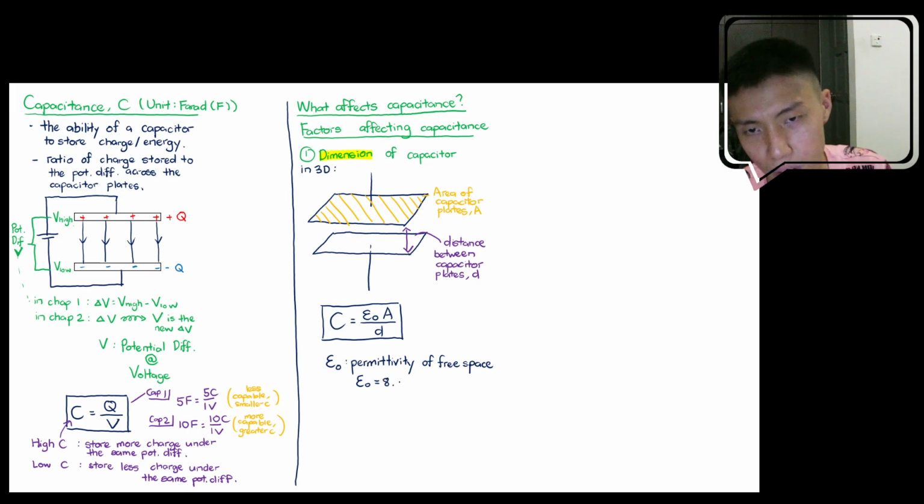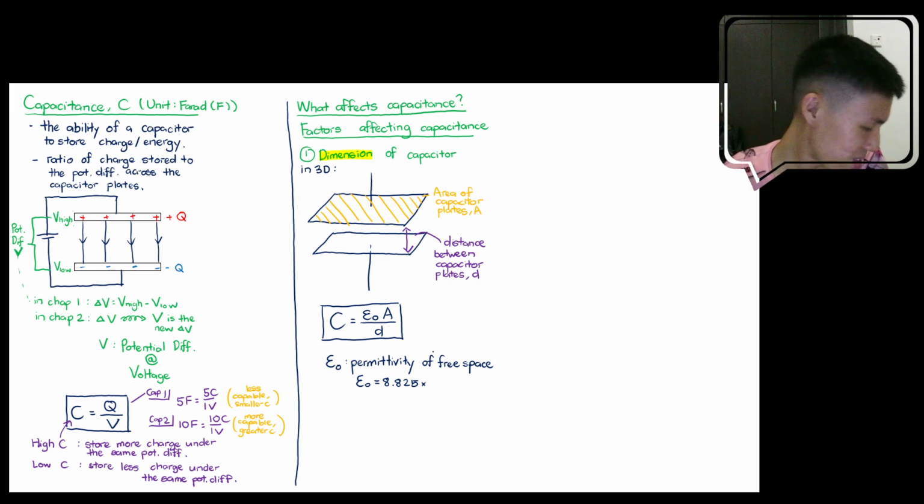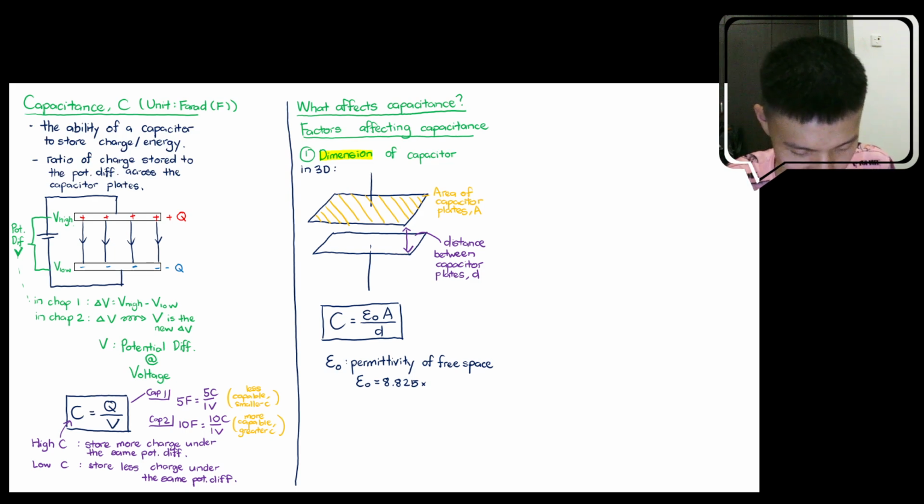I think it's 8.825 times 10 to the power of, let me search. Actually, I can't recall the permittivity of free space. Okay, it's 8.85 times 10 to the power of negative 12.